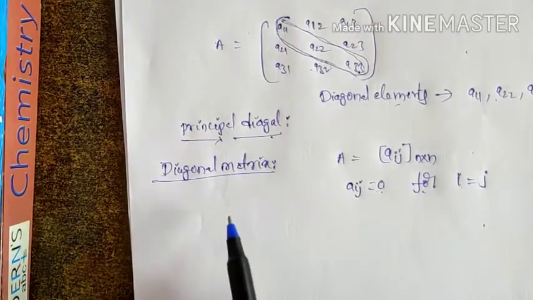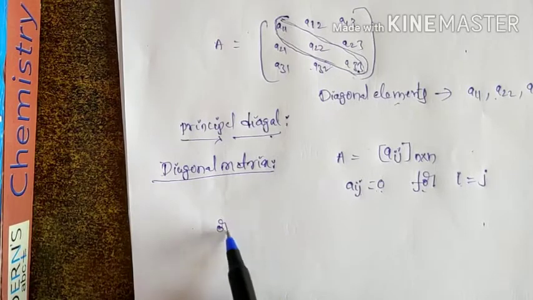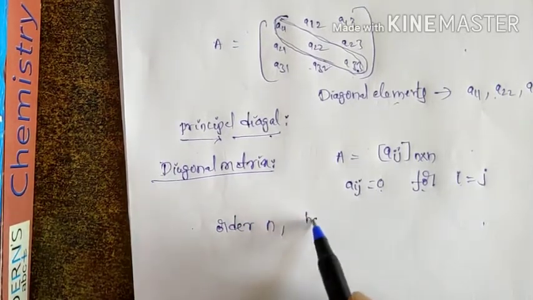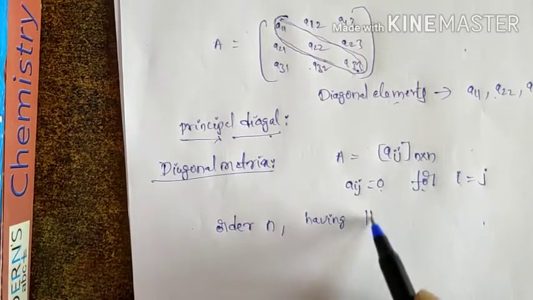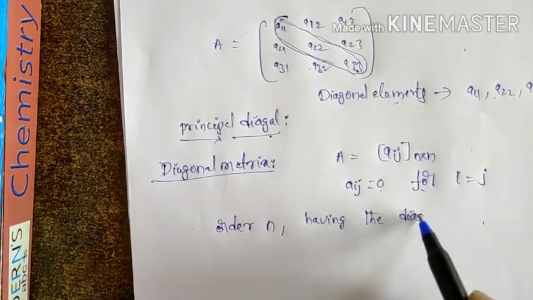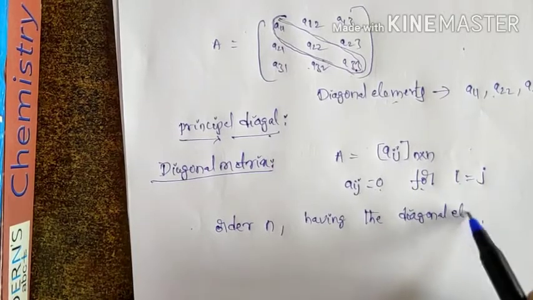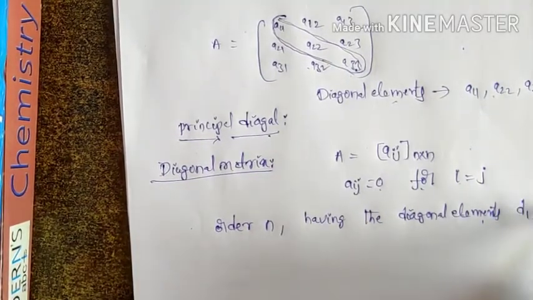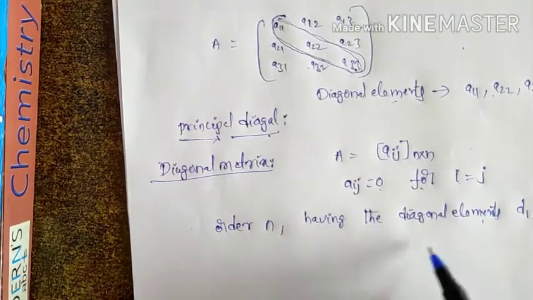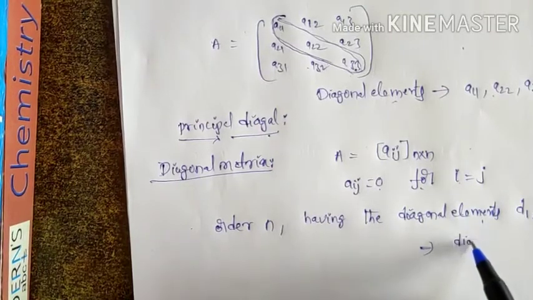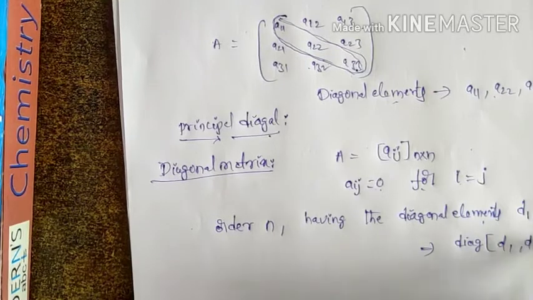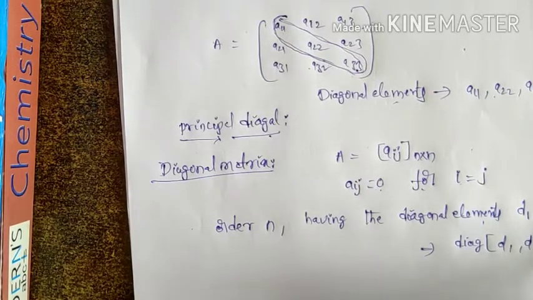Suppose a diagonal matrix of order n, having the diagonal elements d1, d2, d3 up to so on dn, is denoted by diag of d1, d2, d3 up to so on dn.